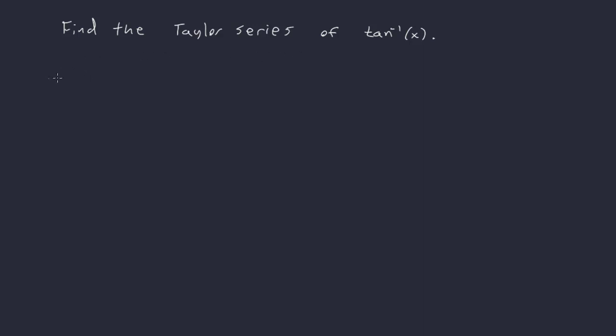So if I look at the derivative of tan inverse, remember that comes out to be 1 over 1 plus x squared. Now, 1 over 1 plus x squared does seem similar to a series we've already looked at. Right, so this would be similar to maybe the 1 over 1 minus x, the geometric series.